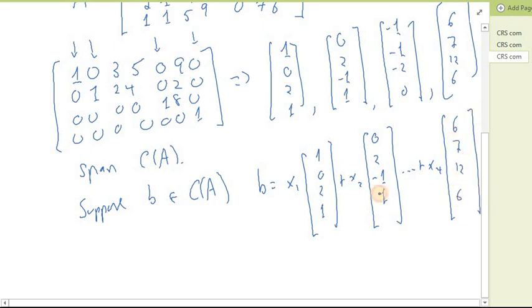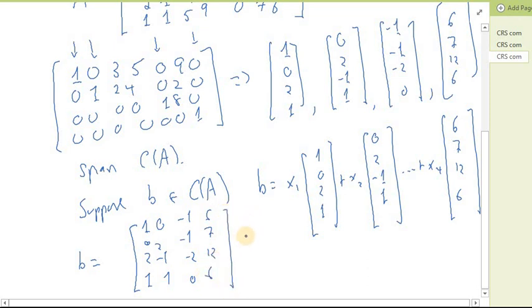Now we've seen this before. All this says is that b is equal to the matrix consisting of these columns, 1, 0, 2, 1, and so on, times some vector x.